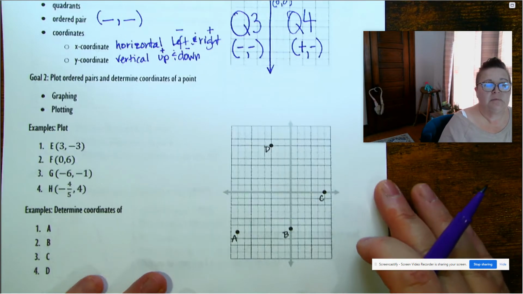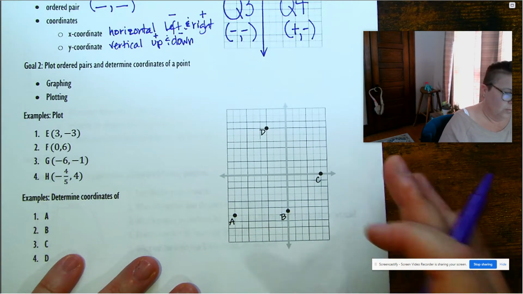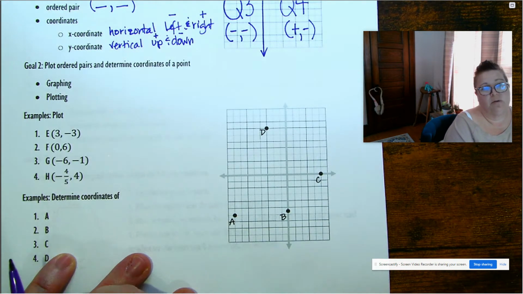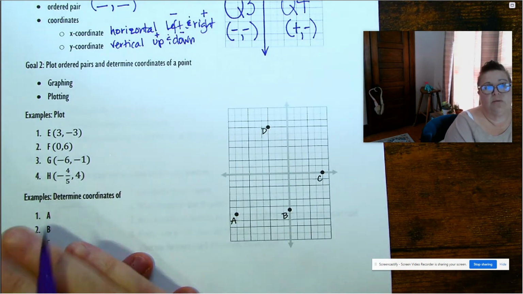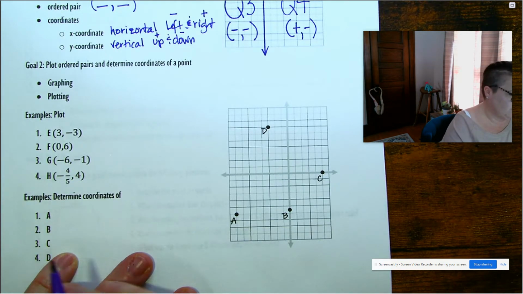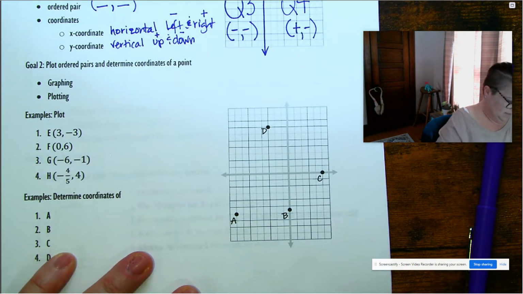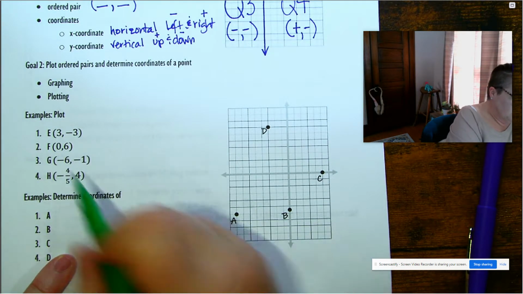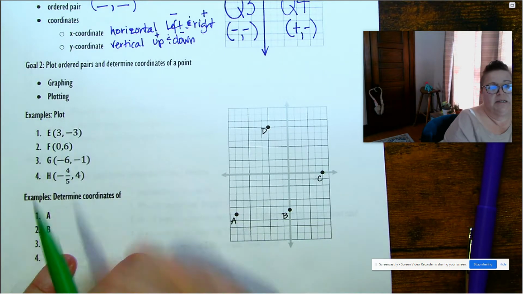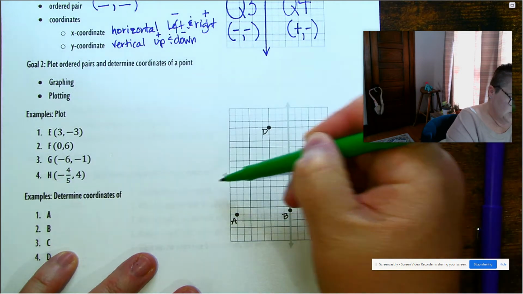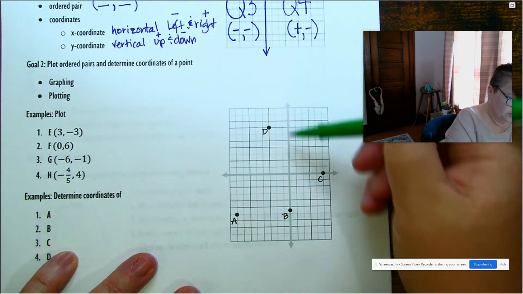All right? So here we have a graph with 4 points on it and another section where I've asked you to plot. So we're going to start with the plotting of the points and then see if we can work things backwards a little bit so that you can get the coordinates out. So the first point we've asked you to plot is 3, negative 3. Where do you start? Find your x-axis and your y-axis.